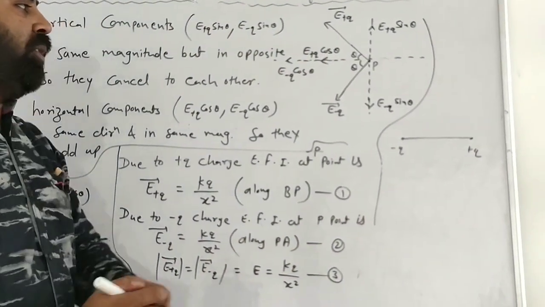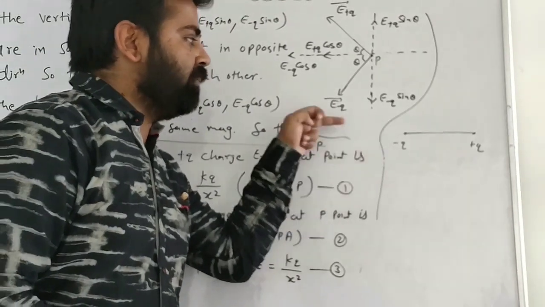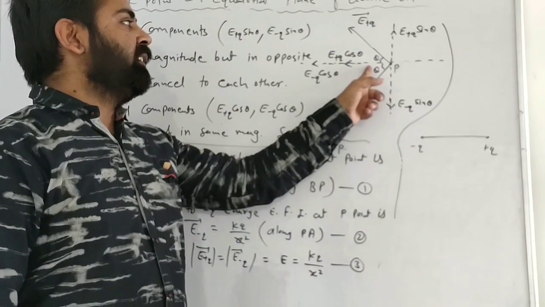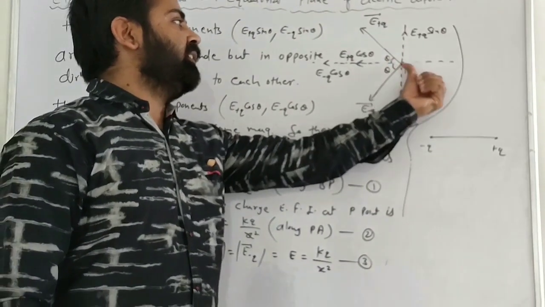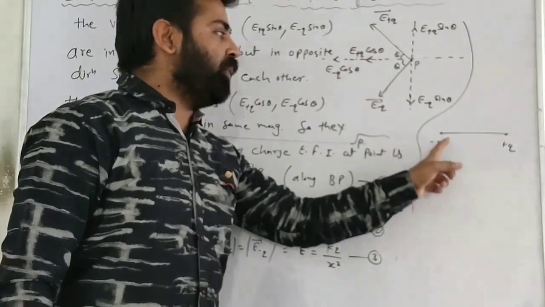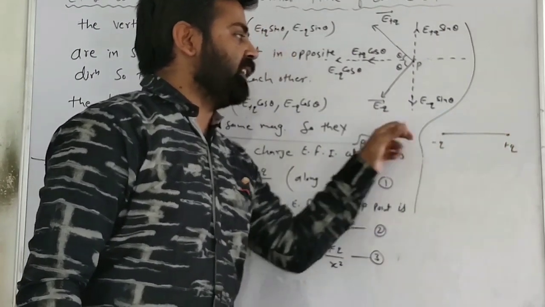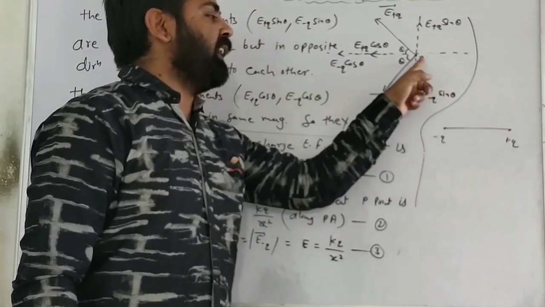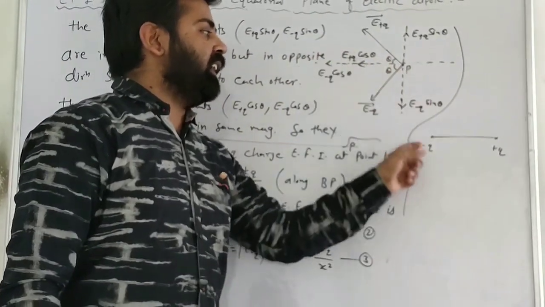The electric dipole moment direction is from minus q to plus q, and here the resultant direction is opposite to the electric dipole moment.